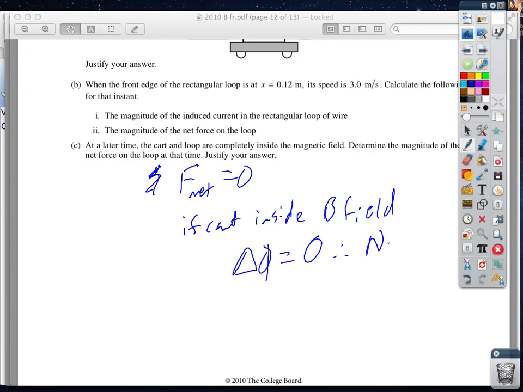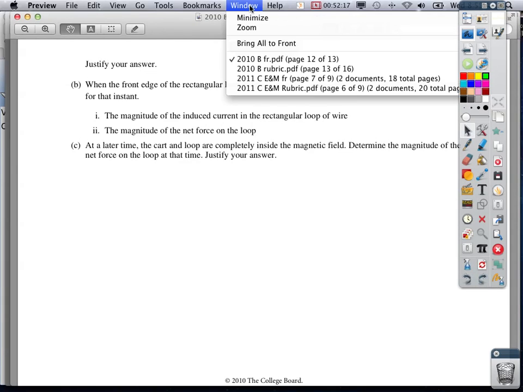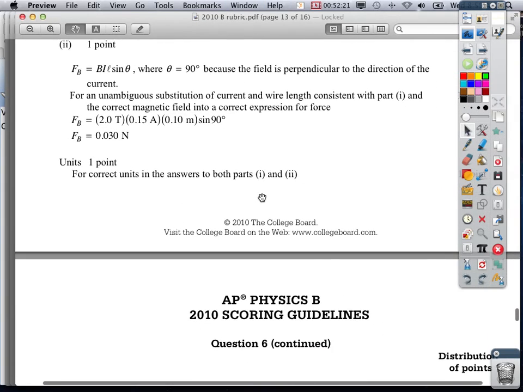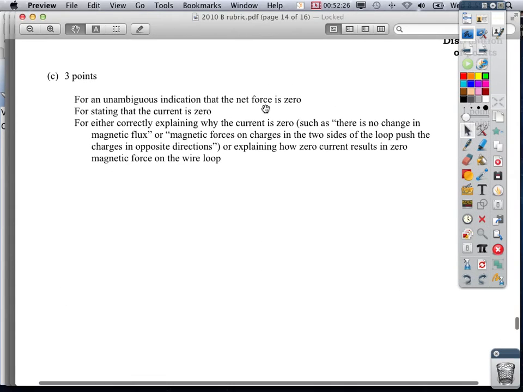Therefore, no EMF. Therefore, no current. Technically you'd say therefore no force. Okay, and that is it. Let's take a look just to double check. So we got our 0.03 right there. That's good. And here, net force is 0 because there's no flux.